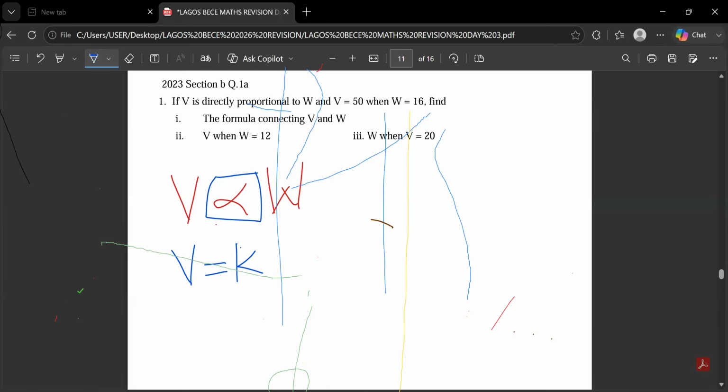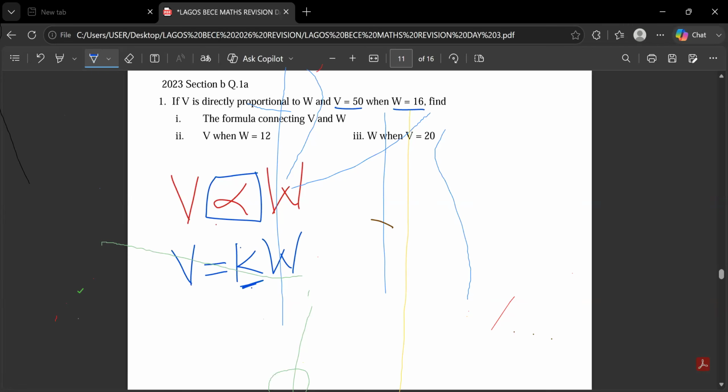Then W will be beside it. That is the first thing. So the question is that if V is equal to 50 when W is equal to 16, we are given the value of V, we are given the value of W. So which means we need to find the value of the constant. So let's find the value of the constant.